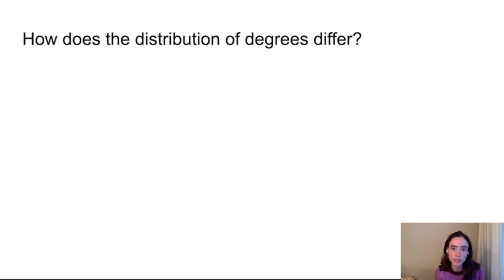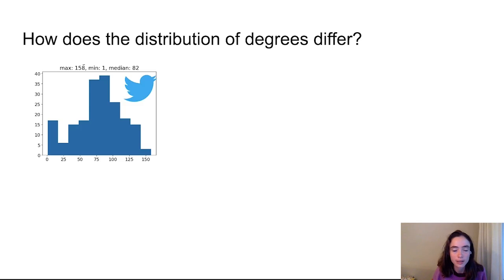So remember, the degree of a vertex is the number of other vertices it is adjacent to, so the number of edges coming out of a single vertex. We can look at histograms for each of our data sets of the distributions of degrees across all vertices in the data set. For example, for the Twitter data set, the minimum degree is just 1.